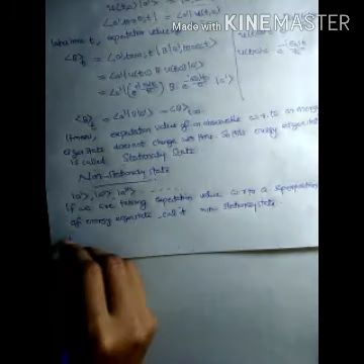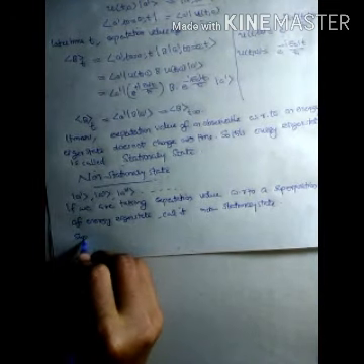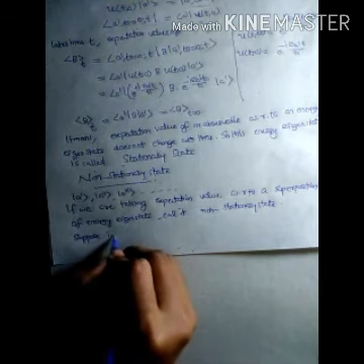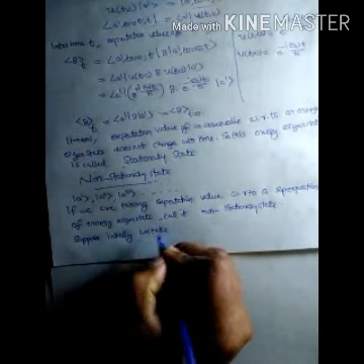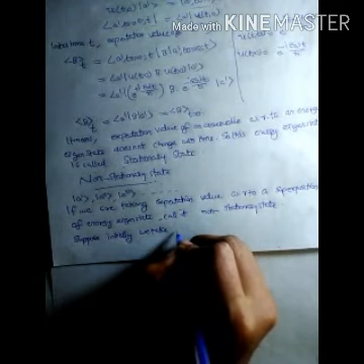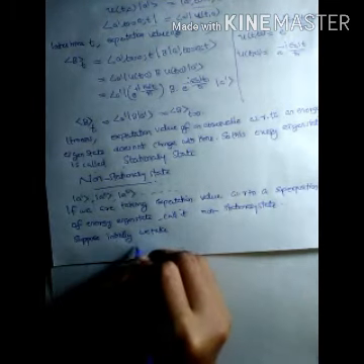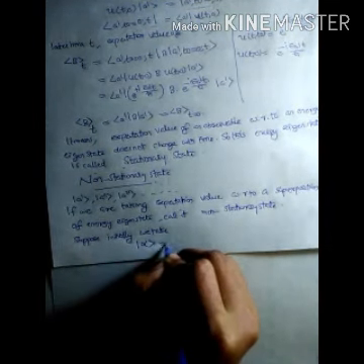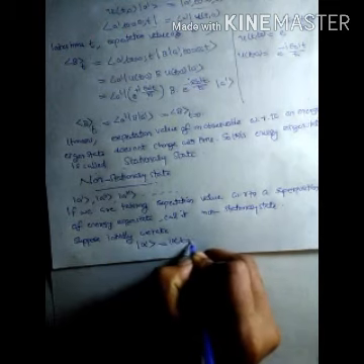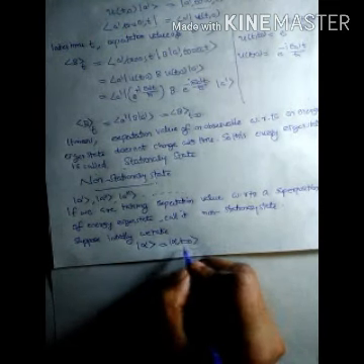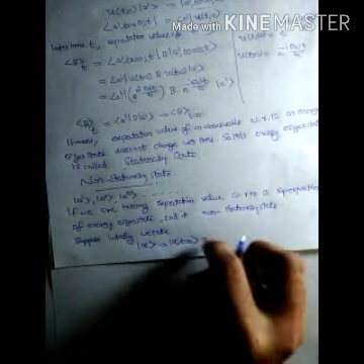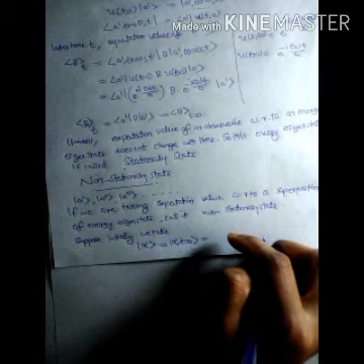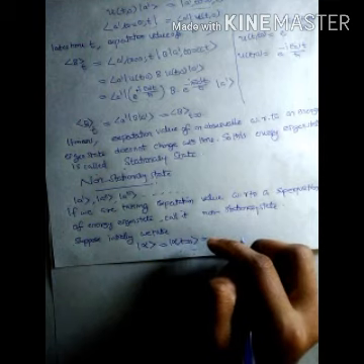Suppose initially our state is ket alpha, which we can write as |alpha, t=0>. More generally, we can write it like this. Any vector can be represented by expansion coefficients and base kets.